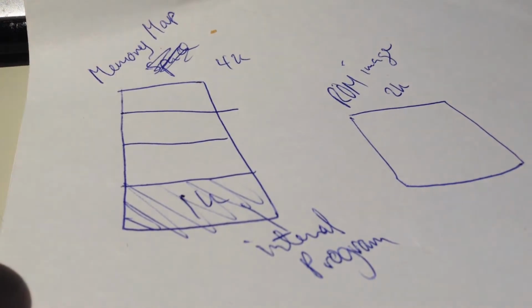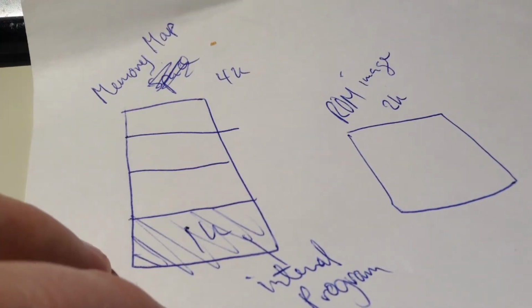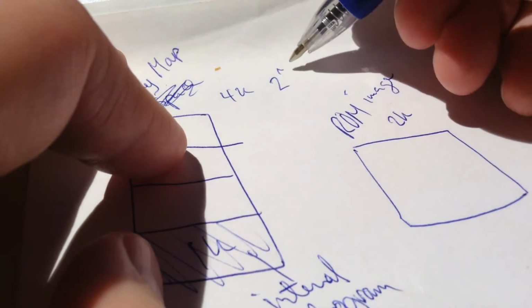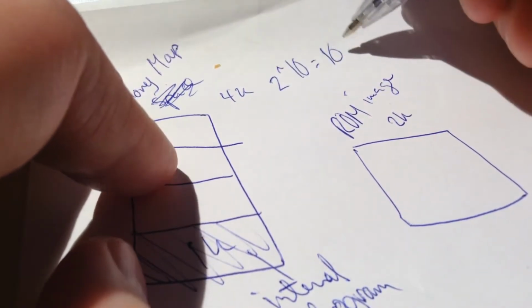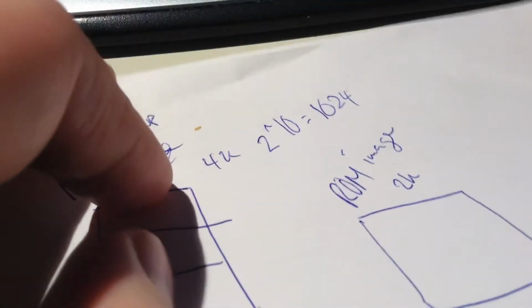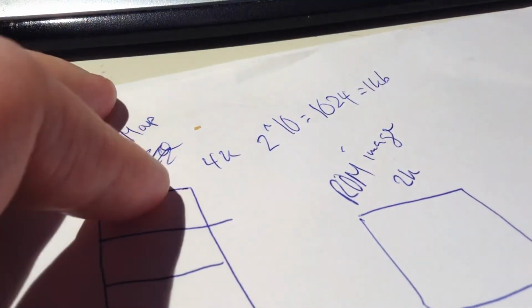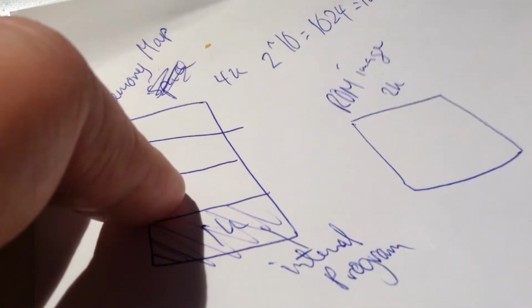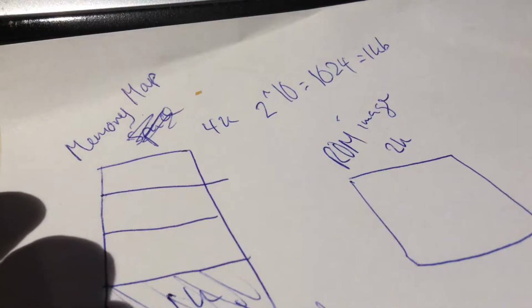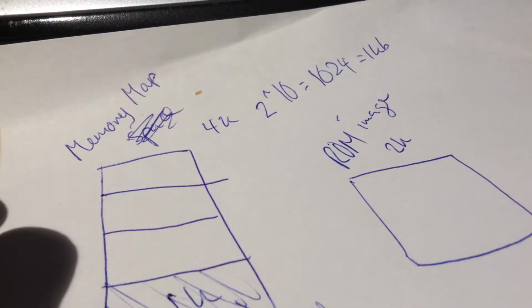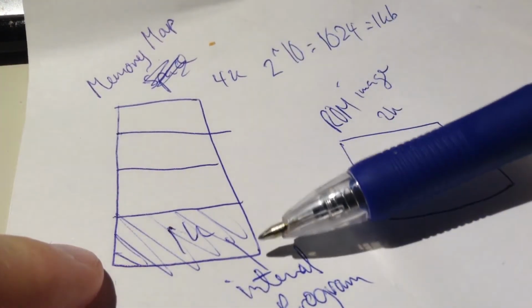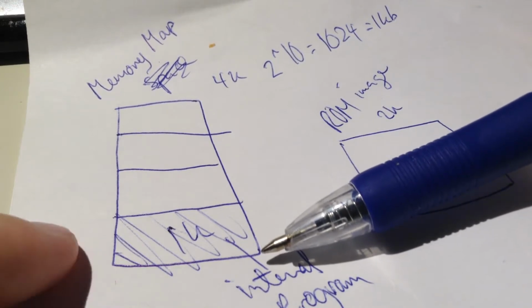So if you remove A10, then what happens then? Well, A10 is 2 to the power of 10, which is the same as 1024, or 1 kilobyte. So, or 1K addresses, or words if you like. That means that the 1K marker or address is no longer active for us.